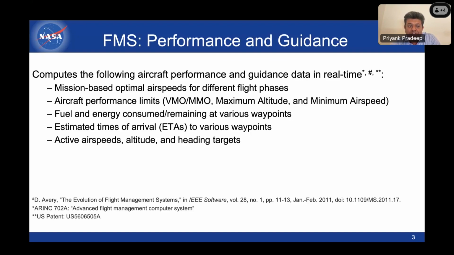And when it comes to trajectory prediction, it's about finding fuel and energy consumed or remaining at various waypoints, and also estimated times of arrival to various waypoints in the active flight plan.